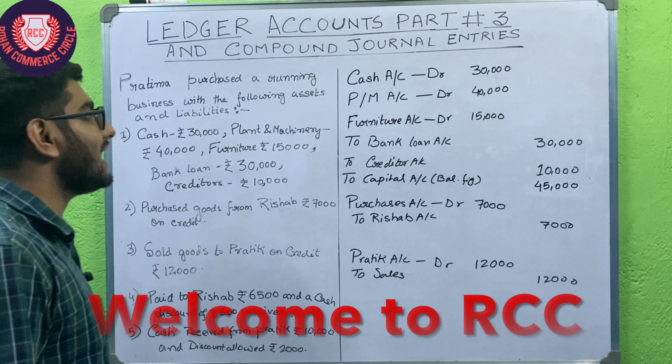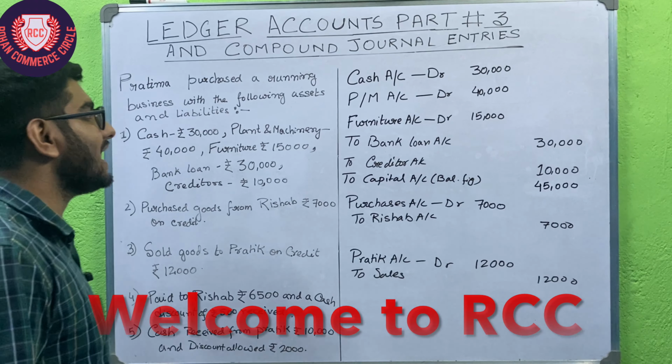Now we will just total it out. In this cash account, the total is 40,000. So over here also we will write 40,000, and by balance c/d, it will be 33,500.